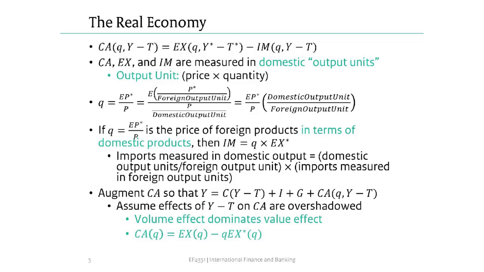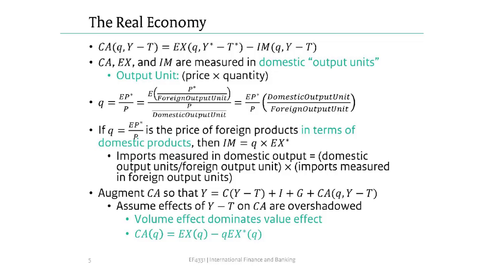All right, so let's go ahead and try to explain why we can make this conversion here, going from IM to Q times EX star. All right, so I'm going to start with the CA equation. So for the past few weeks, or the last 2 weeks, we've primarily thought about the current account in terms of savings and investment, right?